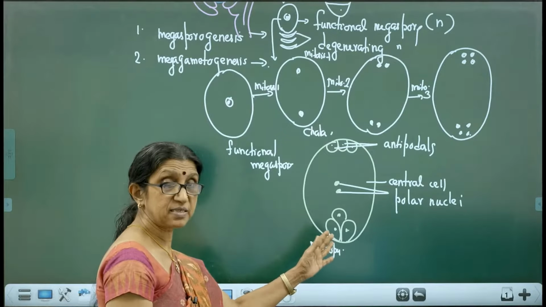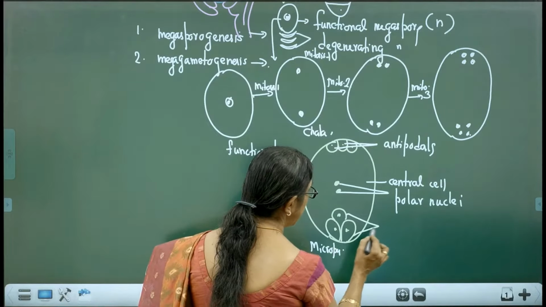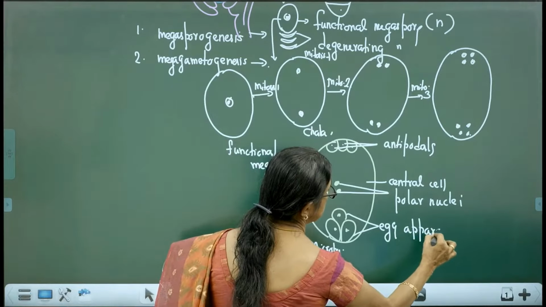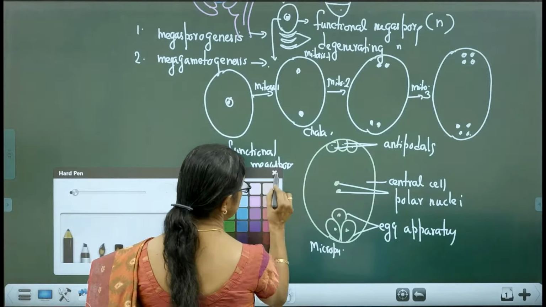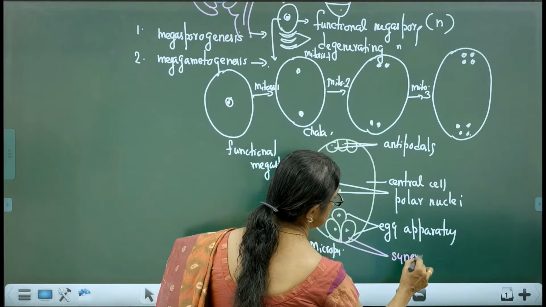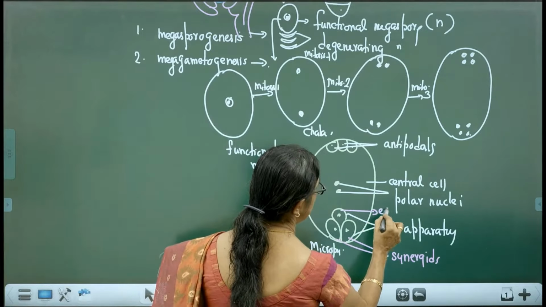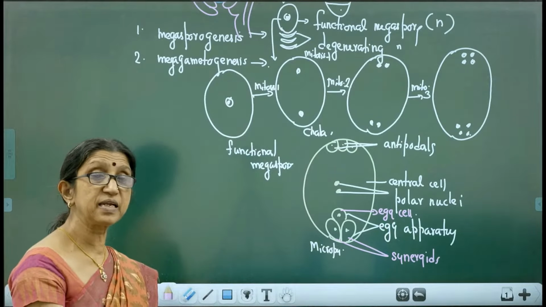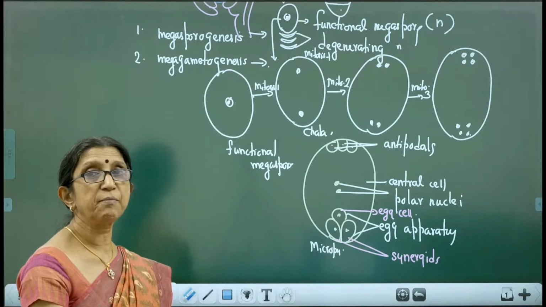The 3 cells seen towards the micropylar side are together called the egg apparatus. The 2 laterally placed cells are called synergids, and this cell is called the egg cell. This 7-celled and 8-nucleate structure is known as the female gametophyte or embryo sac.